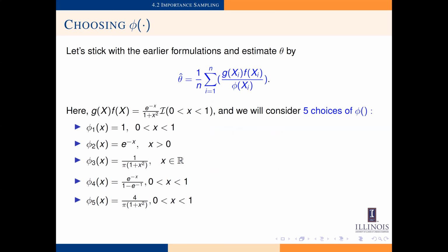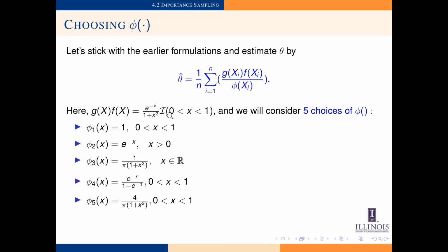Let's stick with the earlier formulations and estimate theta by theta hat, which is equal to the sample mean of g(x) times f(x) divided by phi of x, where the x's are random draws from the importance distribution phi. So here we know that g of x times f(x) is equal to e to the negative x divided by 1 plus x squared, and then times the indicator function that x is between 0 and 1.